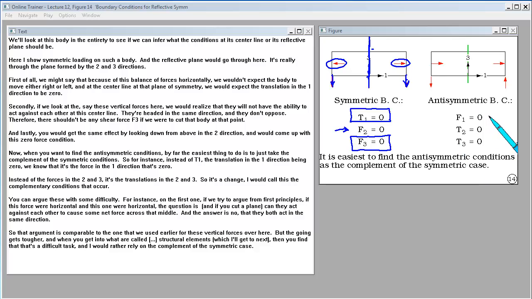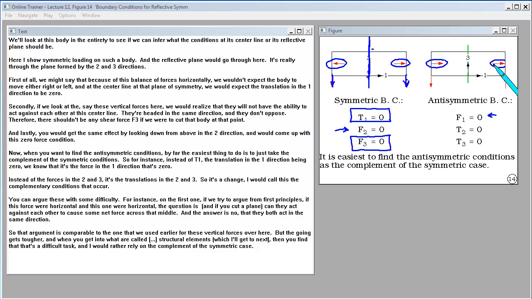You can argue these with some difficulty. For instance, on the first one, if we try to argue from first principles, if this force were horizontal and this one were horizontal, the question is, if you cut a plane, can they act against each other to cause some net force across that middle? And the answer is no, they both act in the same direction.